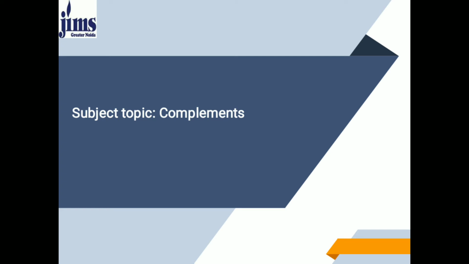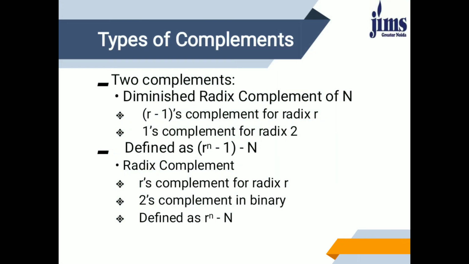So this is the reason why we use complement. Broadly, complements are classified into two categories, as I have told you: diminished radix complement, that means r minus 1's complement, and radix complement, that means r's complement. In diminished radix complement, we have nines complement and ones complement. Why am I saying ones complement? Because in binary there are two digits, 0 and 1, so two kinds of complements can be defined: ones complement and twos complement.